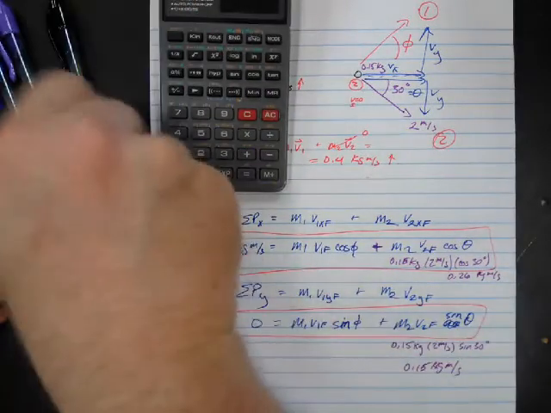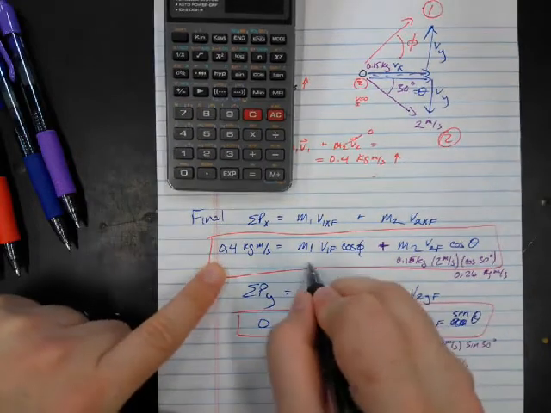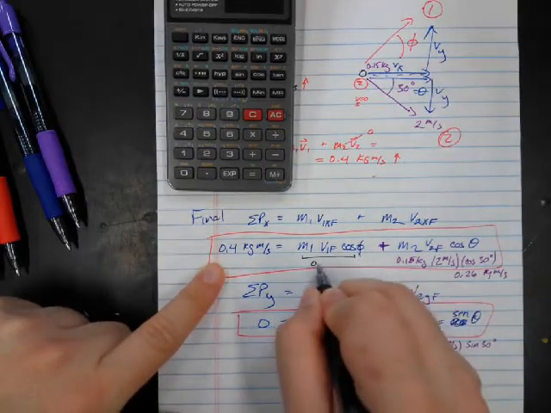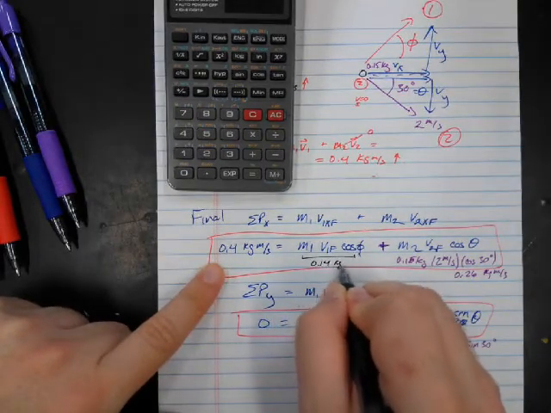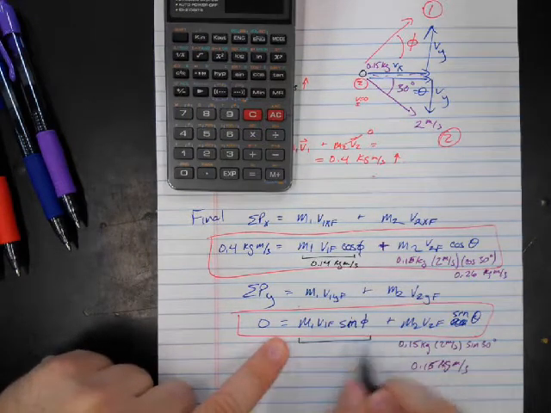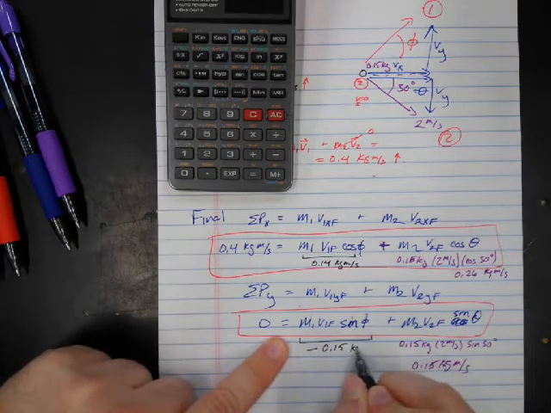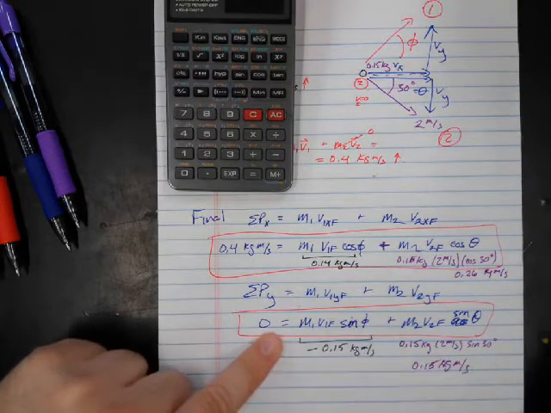So we have 0.4 and 0.26. This whole thing has to be 0.14 kilogram meter per second. And this thing has to be minus 0.15 kilogram meter per second.